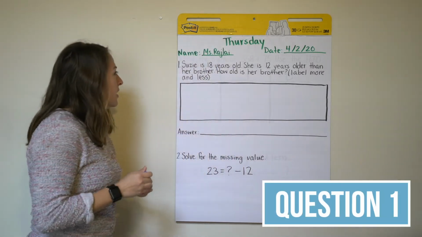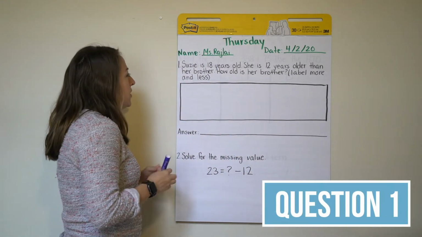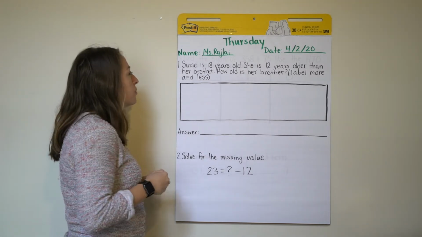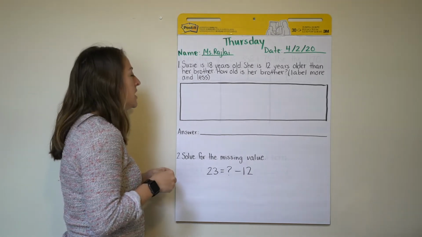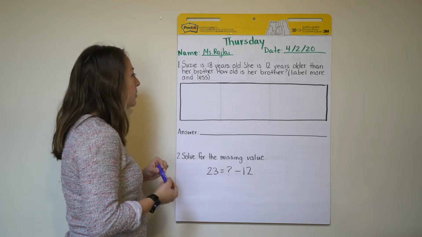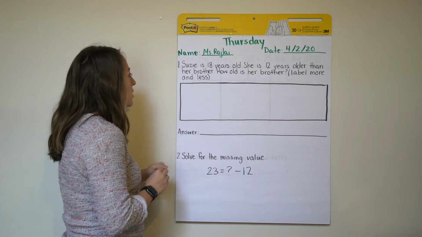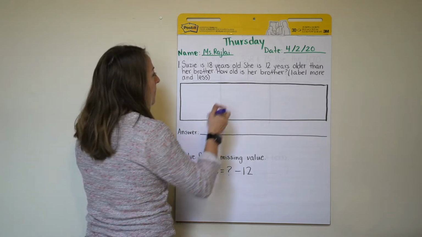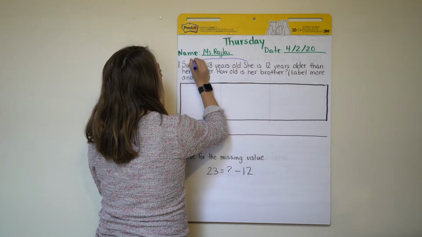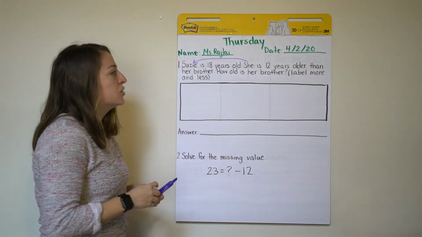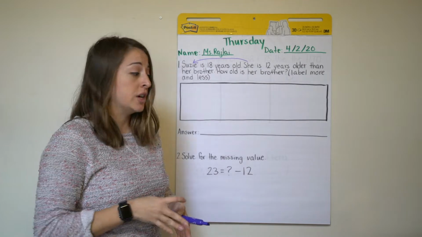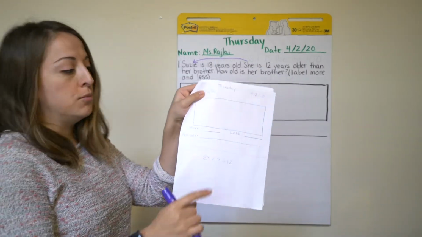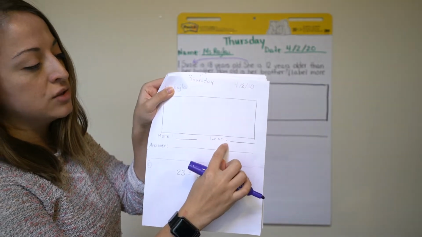I'm going to read number 1. Susie is 18 years old. She is 12 years older than her brother. How old is her brother? Label more and less. So Susie is 18 years old. She is 12 years older. So if she's older, on your paper, are you going to write Susie for more, or are you going to write Susie for less?